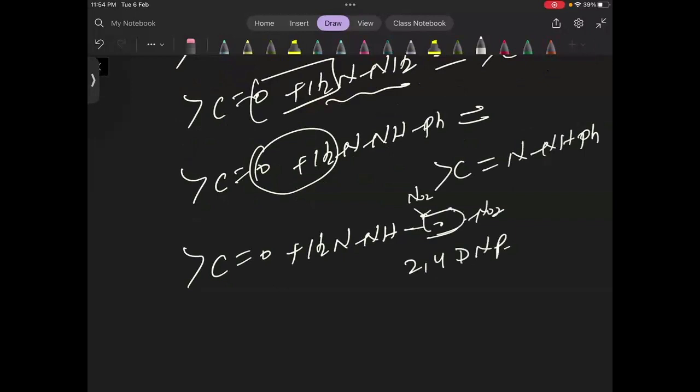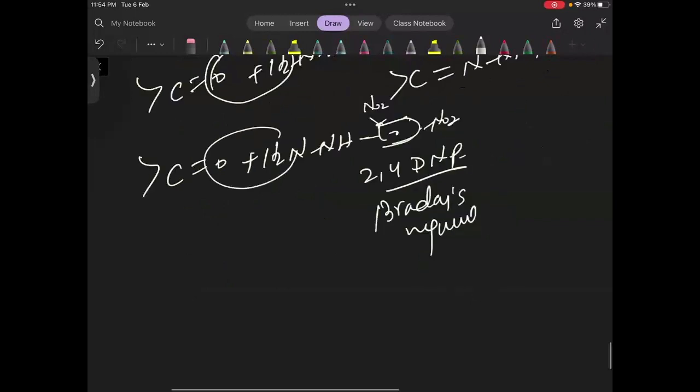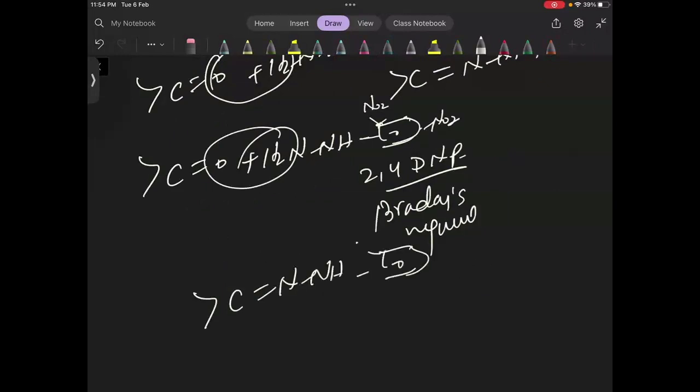This 2,4-DNP is called Brady's reagent. H2O will be removed and the compound formed is NH with the benzene ring and NO2. This is an orange compound, a solid orange precipitate that will form.